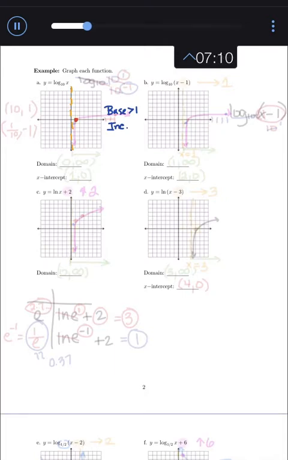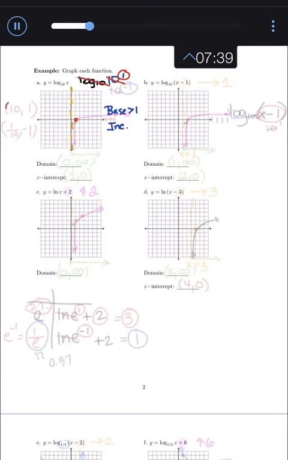What's another point that it'll go through? Well, think about it this way. If I have a log base 10 like I do here, what's going to make that log base 10 cancel out is another 10, basically. And we'll rewrite it as 10 to the first power so that the log base 10 and the 10 will cancel, leaving you with just the 1.